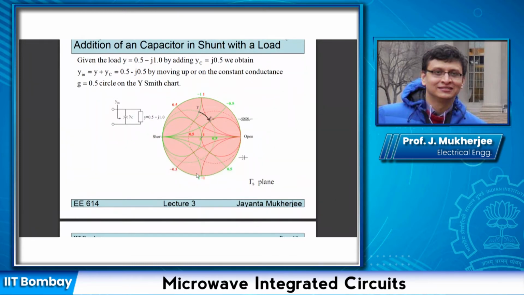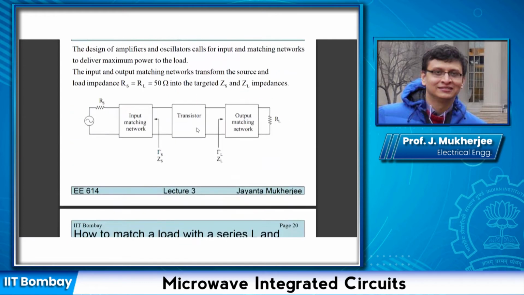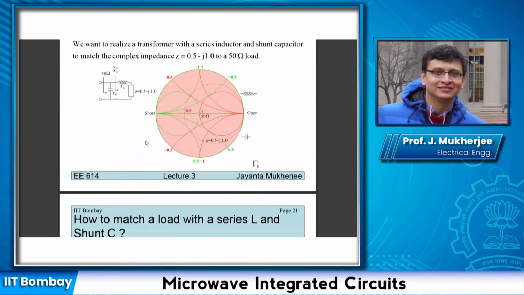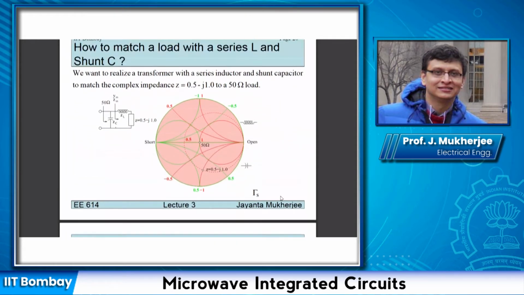Now let me go back to the circuits. The other circuits that I wanted to discuss, it is not just 2, there are a number of other circuits. Suppose we start with z equal to 0.5 minus j 1.0, and say we want to match it to 50 ohm.